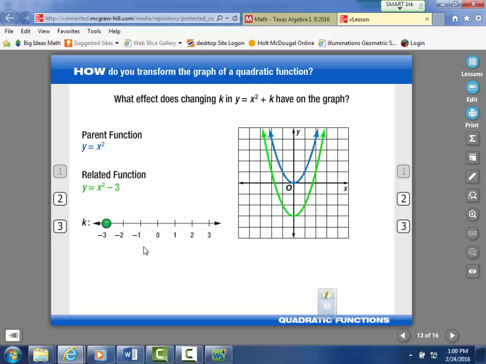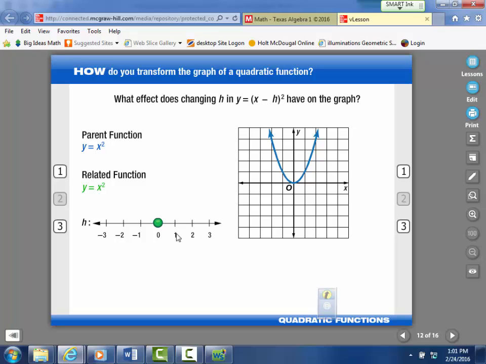Hopefully your answer was that the change in k causes the parabola to shift up or down the y-axis. Okay. All right. So what happens if we add or subtract to our x value here?